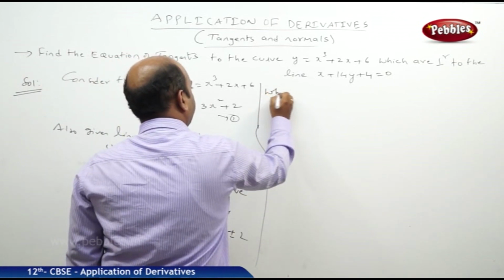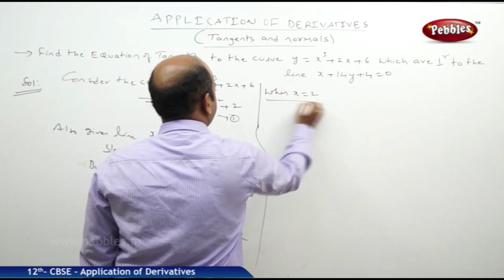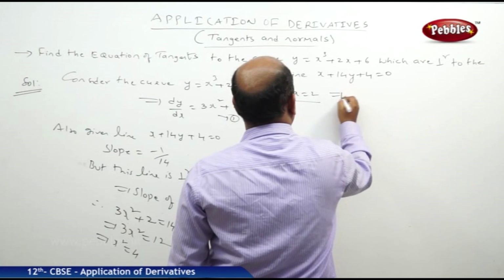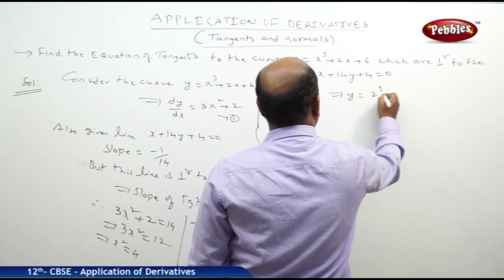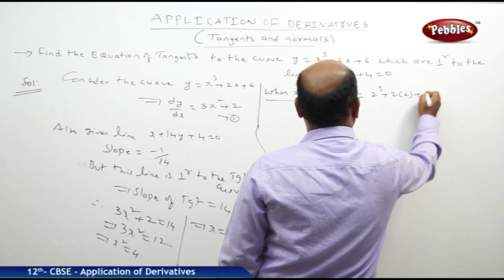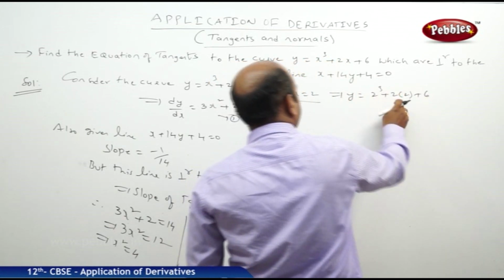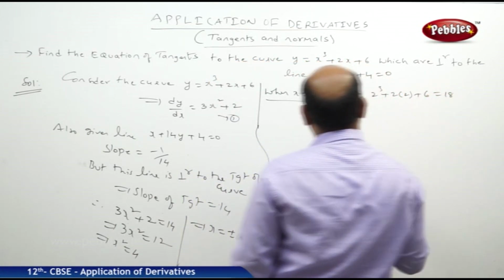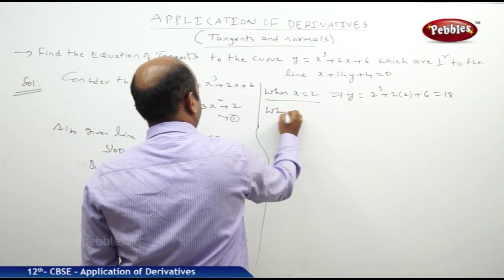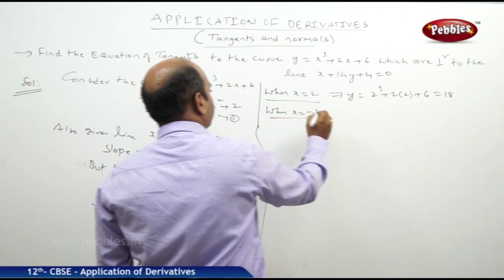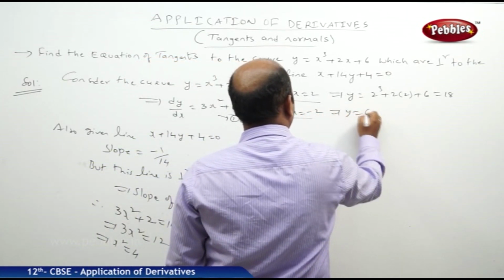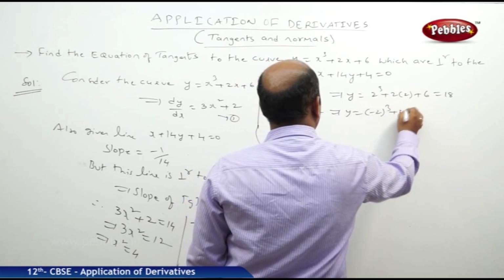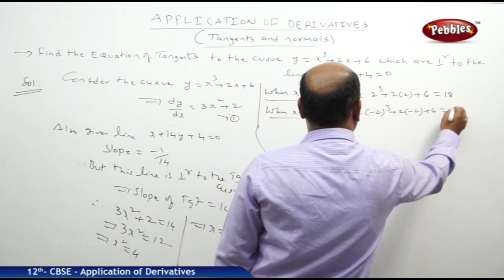When x is equal to 2, that implies y is equal to 2 cube plus 2 into 2 plus 6. That means 8 plus 4 is 12, 12 plus 6 is 18. Again when x is equal to minus 2, then y is equal to minus 2 cube plus 2 into minus 2 plus 6.